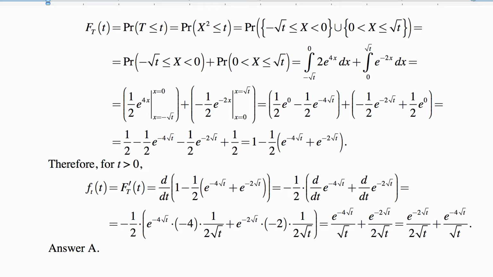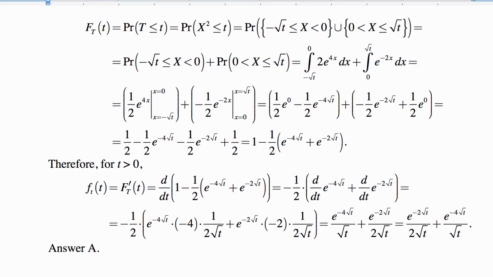The indefinite integral of 2e to the 4x is 1/2 e to the 4x, which we evaluate from minus square root of t to 0. And the integral of e to the minus 2x is minus 1/2 e to the minus 2x, and we evaluate that from 0 to square root of t.